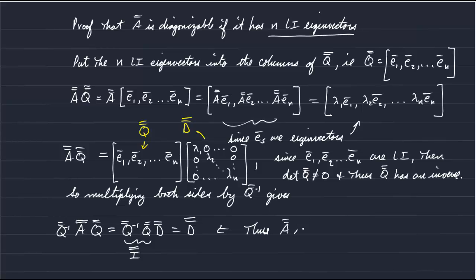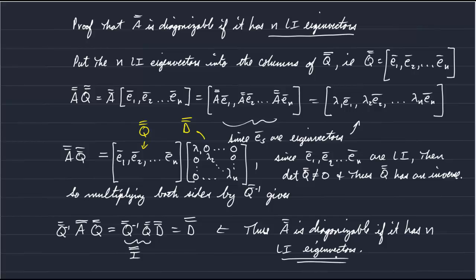So this shows A is diagonalizable if it has n linearly independent eigenvectors. And so we've successfully proved the first part of the first theorem of diagonalization.